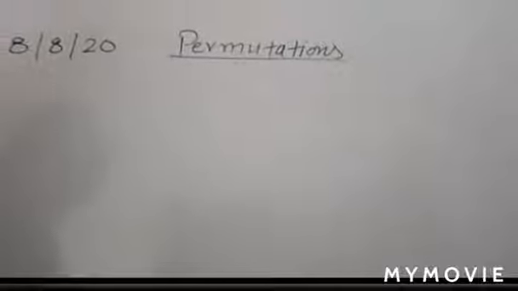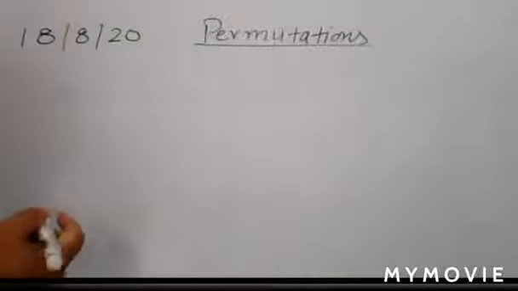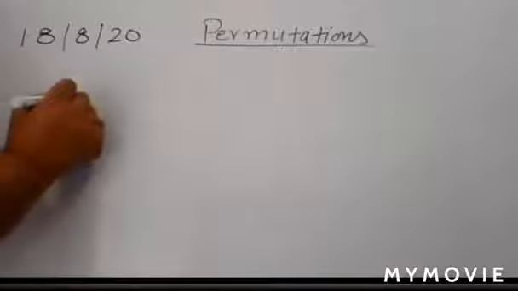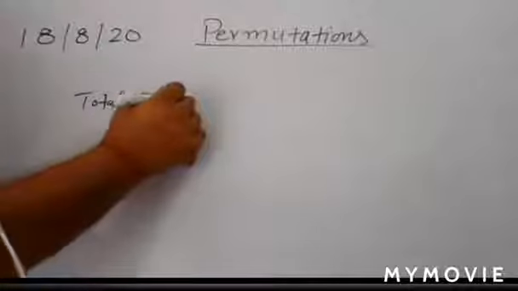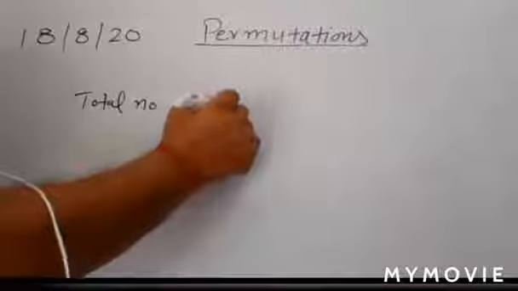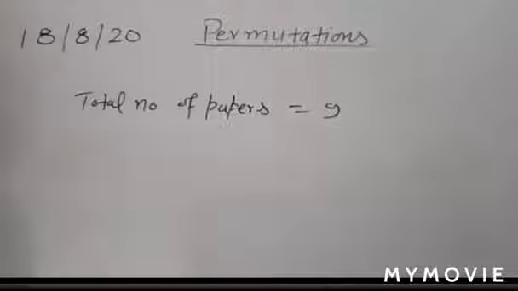This is your question. Means total number of papers is given as 9. Total number of papers is equal to 9. That is given.